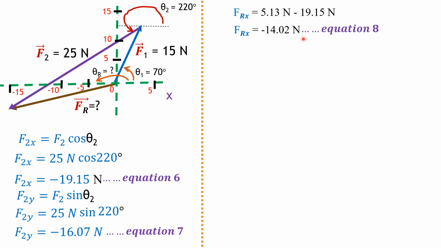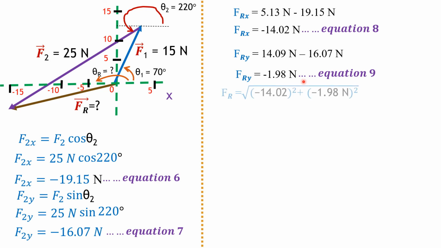Let's say it equation number 8. Putting values of F1y and F2y from equation 5 and equation number 7 in equation number 3, we get Fry is equals to 14.09 Newton minus 16.07 Newton. After solving, we get Fry, component of resultant vector force Fr along y-axis, is equals to minus 1.98 Newton. Let's say it equation number 9.